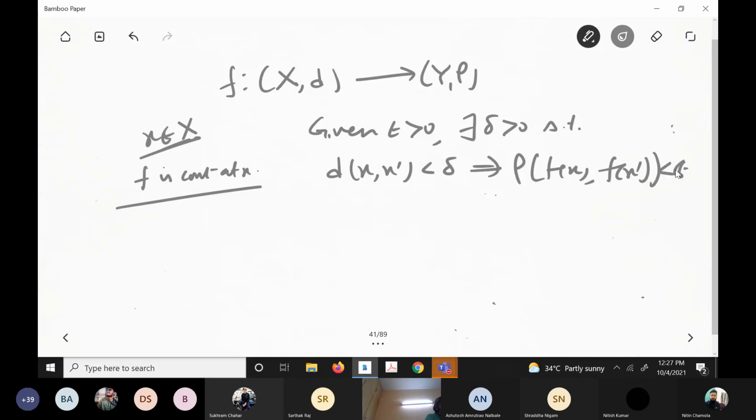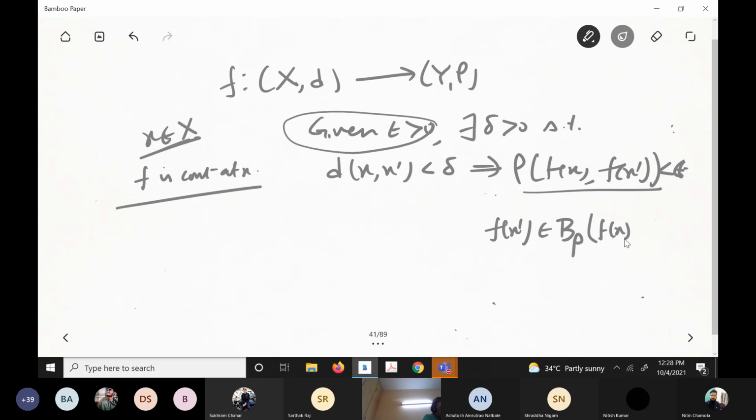But I told you, given epsilon means actually you are having an open ball centered at f x. This means f x prime belongs to B rho, which I indicate is the open ball in Y.